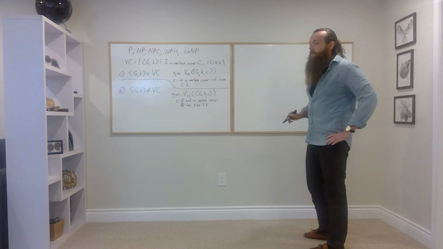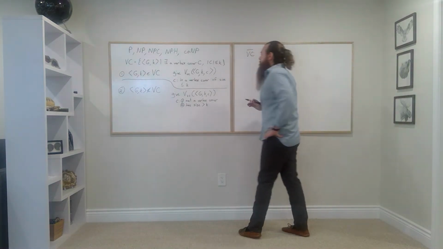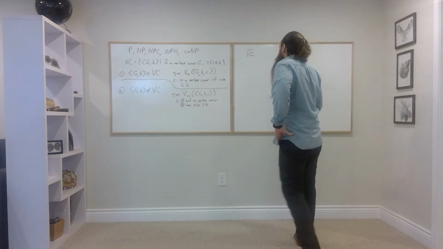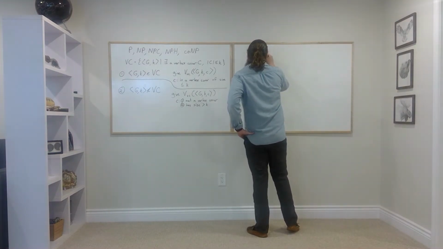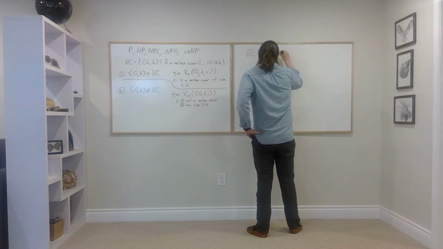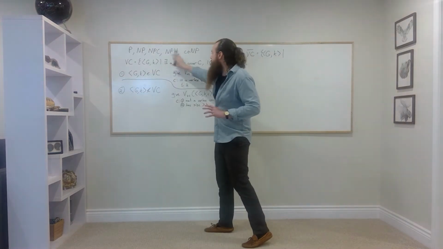Well, let's look at a different language. Let's look at the complement of the vertex cover problem. What would that look like exactly? Well, there's some fine print, but I'm going to define it like this. We take in a G and a K, and I basically negate this statement here.